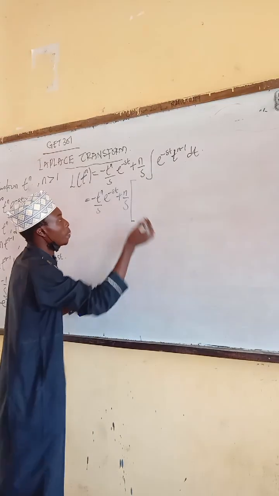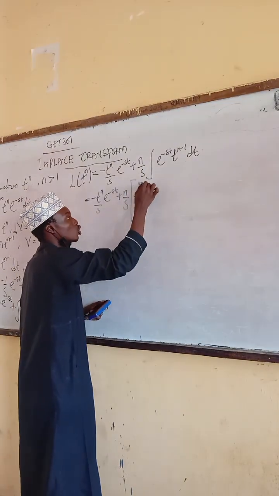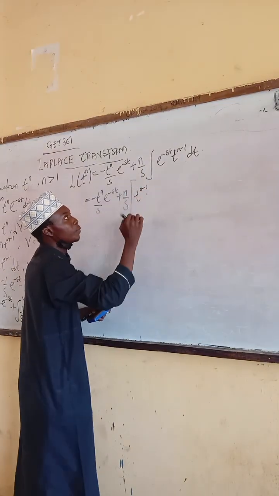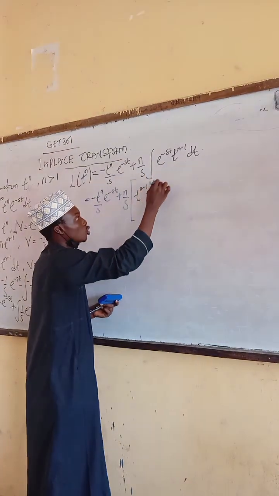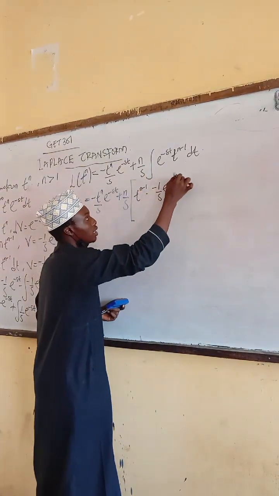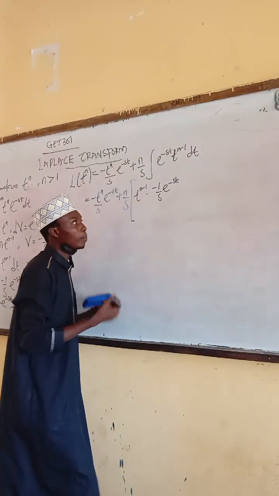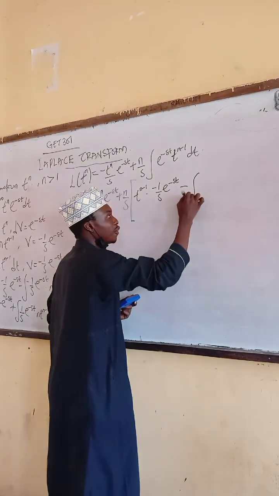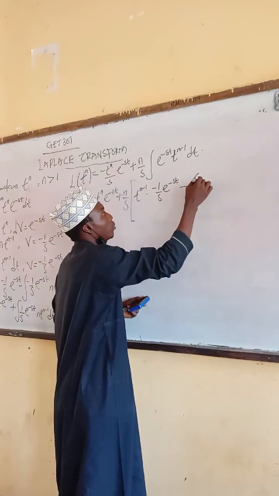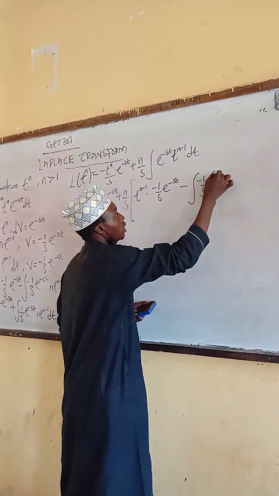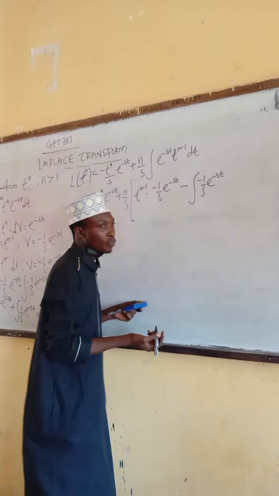So uv, where u is t raised to power n minus 1 and v is minus 1 over s exponential minus st. That's the uv, minus integral of v du. So v is still the same, minus 1 over s e raised to power minus st, du.